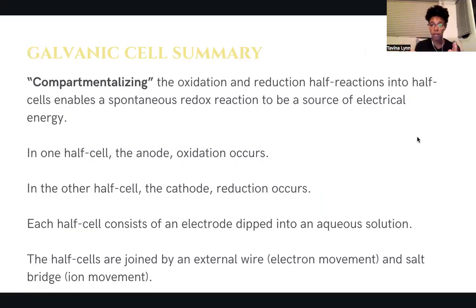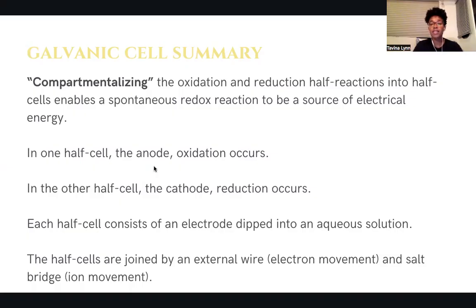By compartmentalizing or separating the oxidation and reduction, we have this spontaneous redox reaction where we can isolate the electrons so that they can be the source of electrical energy. In the half cell to the left, where our anode is, oxidation occurs, and the other half cell, where the cathode is, is our reduction.